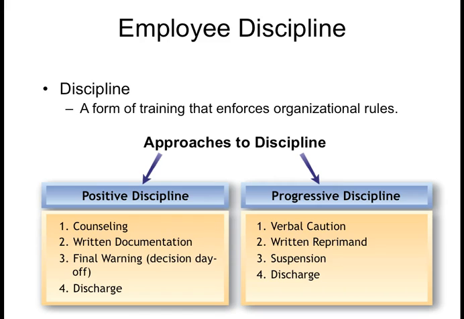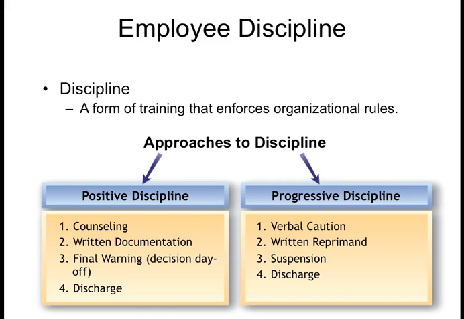There are two basic forms of employee discipline. The first one is less common. It's called positive discipline versus what we call progressive discipline. We hear much more about progressive disciplinary policies in the news, but positive discipline is very similar to progressive, except that in the very beginning it focuses more on counseling and coaching the employees, rather than treating it as a punitive measure.